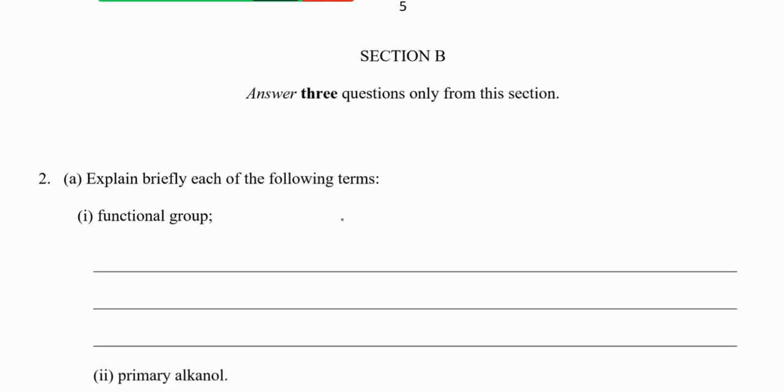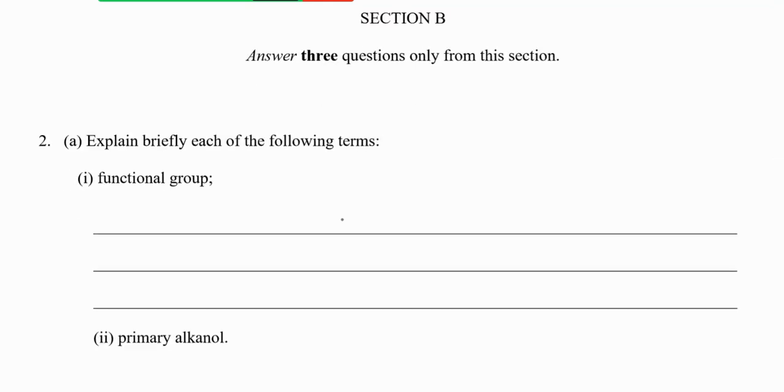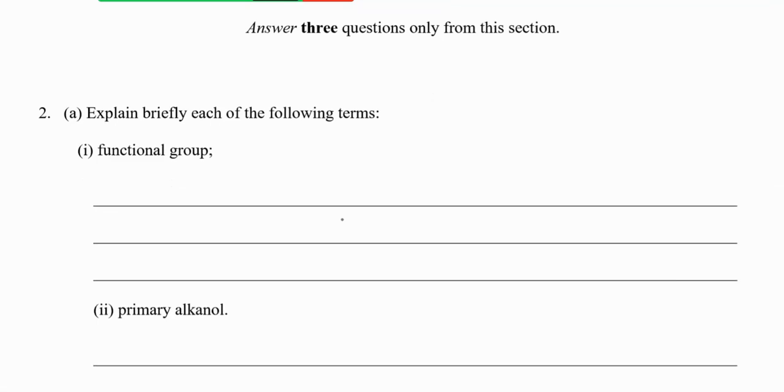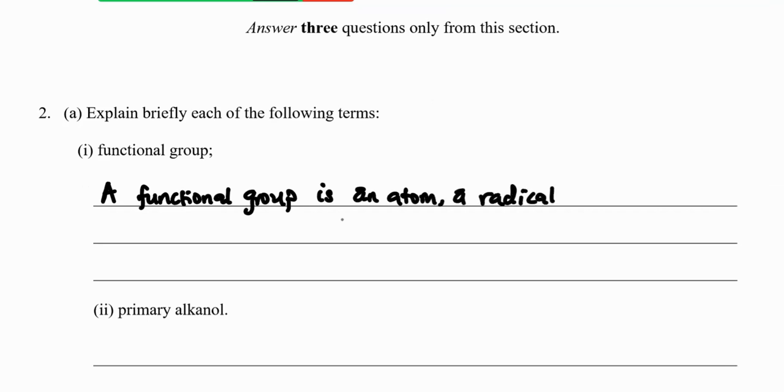Now, the next question, number two, says explain briefly each of the following terms. We have functional group. Now, a functional group is an atom, a radical. A radical implies a group of atoms.